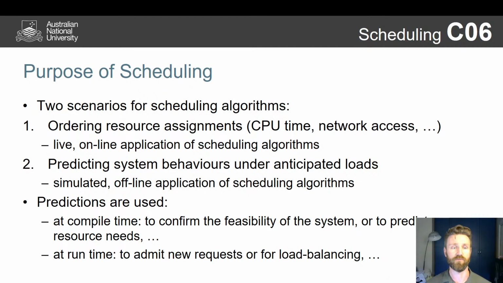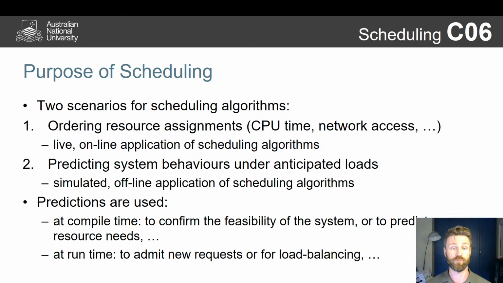And so then we can use those predictions. If we're using those predictions, say at compile time of a program, we could actually determine whether it's feasible to execute a set of concurrent programs on a system given our constraints, or if it's not feasible, what level of resources would be required to actually make it feasible.